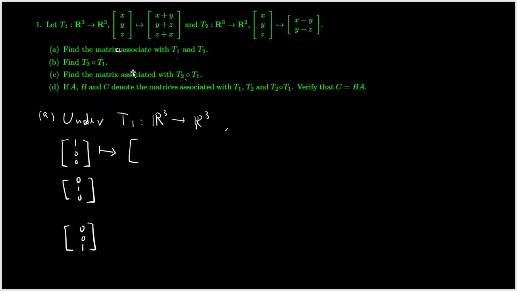This one is simple. It's just for x value of 1, y value of 0. You look at the mouse cursor. The definition of T1 is here, so the rule is here. X value is 1, y value and z value are zeros. I believe the output is 1 0 1, is that right? You double check, and let me know if you see anything wrong.